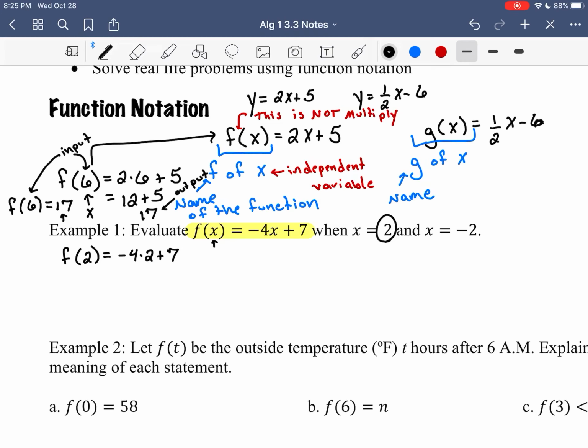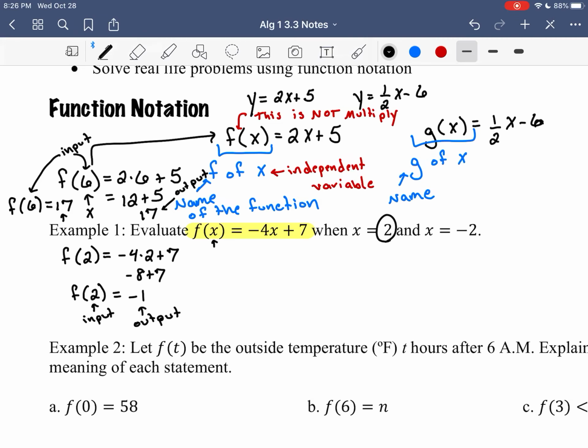Order of operations tells me I have to do the multiply first: negative 8 plus 7, which is negative 1. So f of 2 equals negative 1. When my input was 2, my output is negative 1.